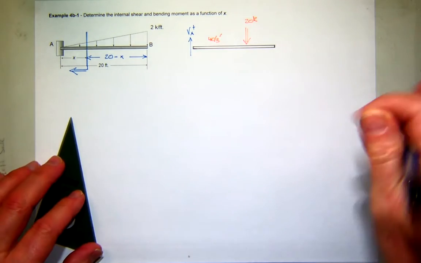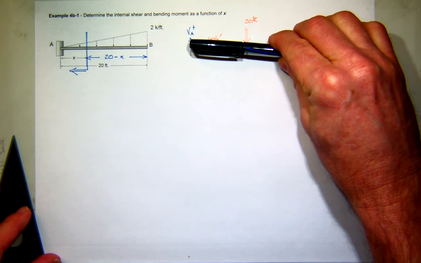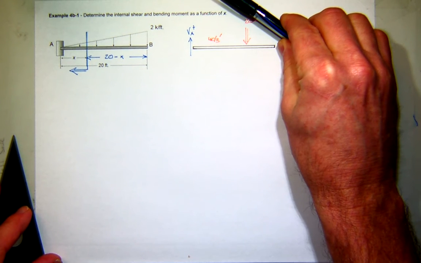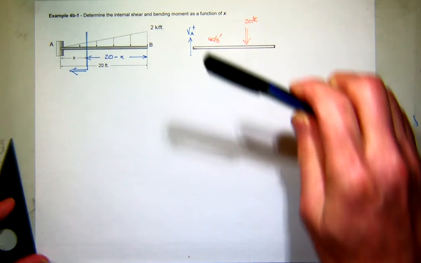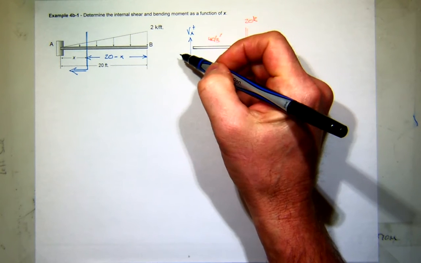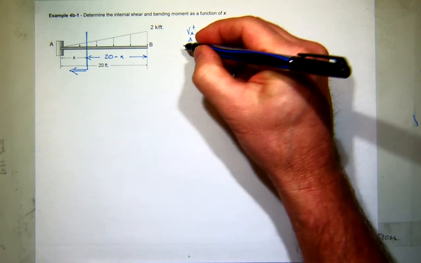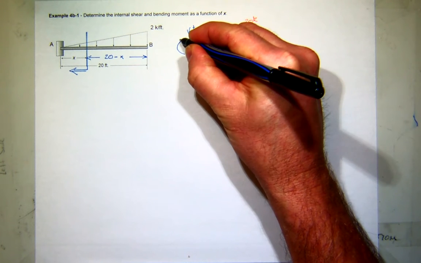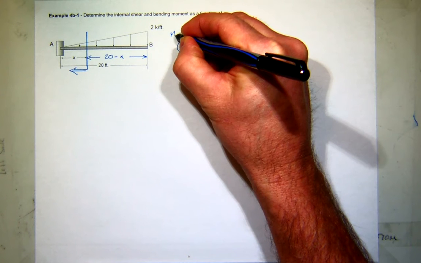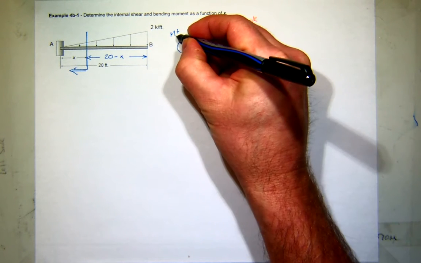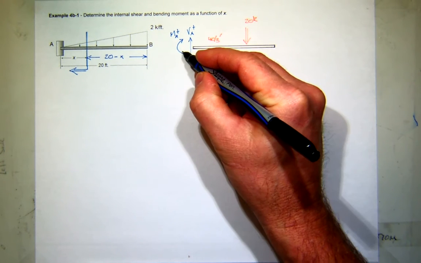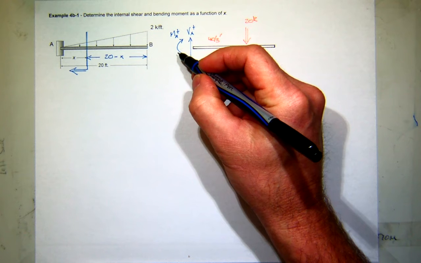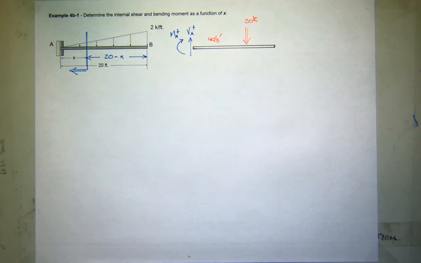Why is it up? Because it's going to try to push that edge this way, which is clockwise. What's the moment here? Well, positive bending moment looks like that. So there's my positive bending moment on the left at point A, and positive shear force at point A.